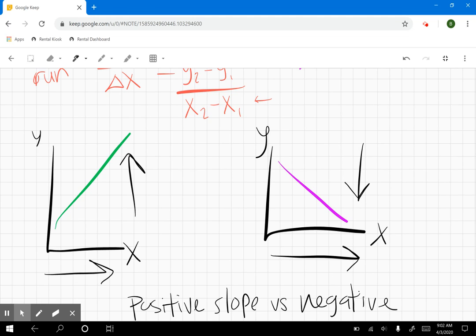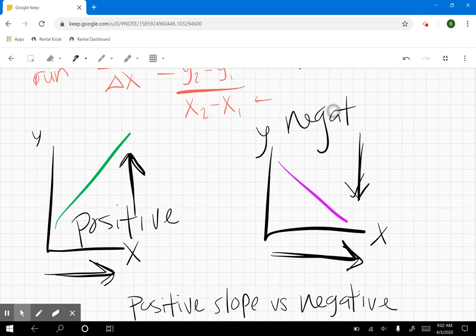So if you are going up as you go right, that will be positive. If you, as you travel right, go down, that will be negative. Okay, I hope that clarifies a few things.